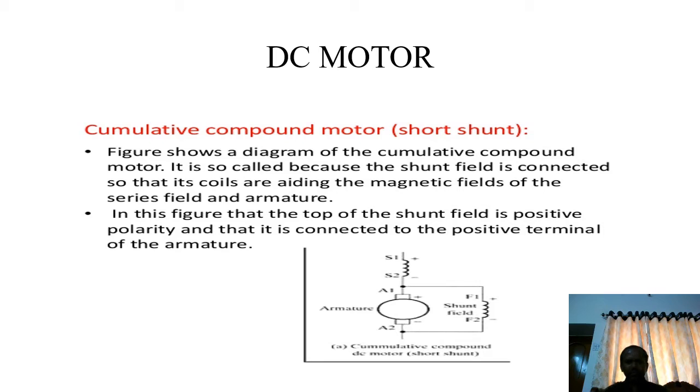From the diagram, we have to observe the cumulative compound motor. It is so called because the shunt field is connected so that its coils are aiding the magnetic field of the series field and armature. And from the diagram, the top of the shunt field is positive polarity and that is connected to the positive terminal of the armature.